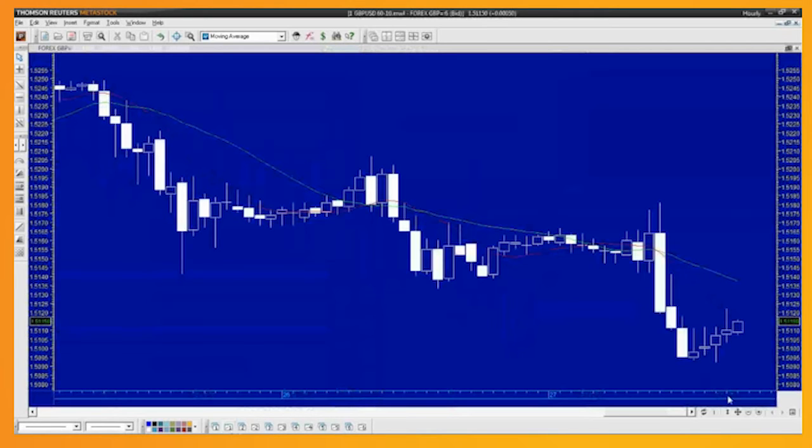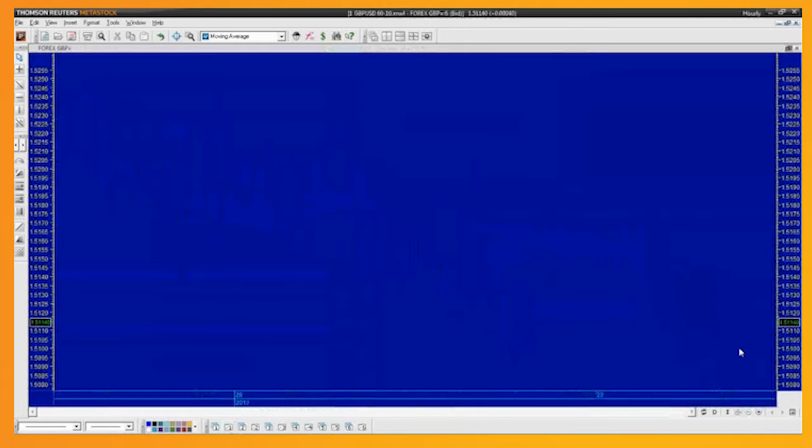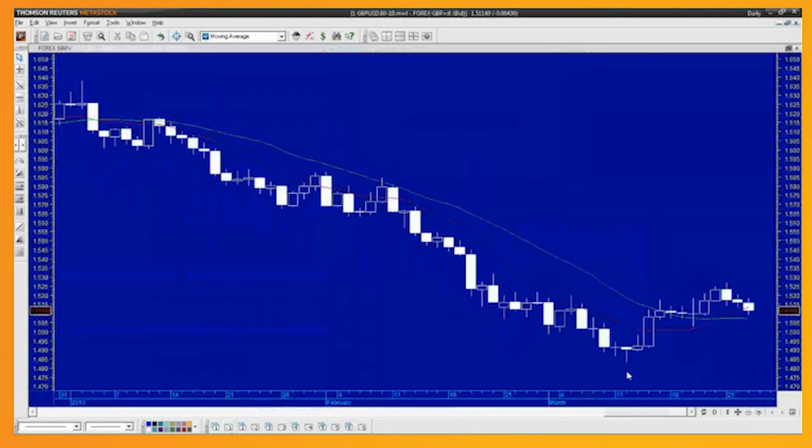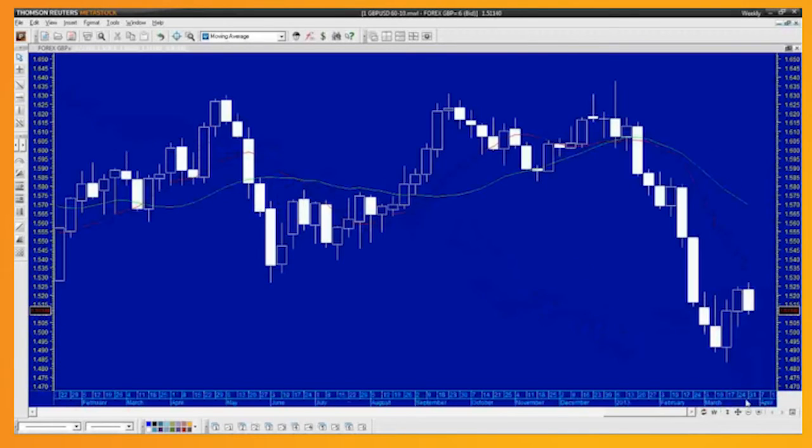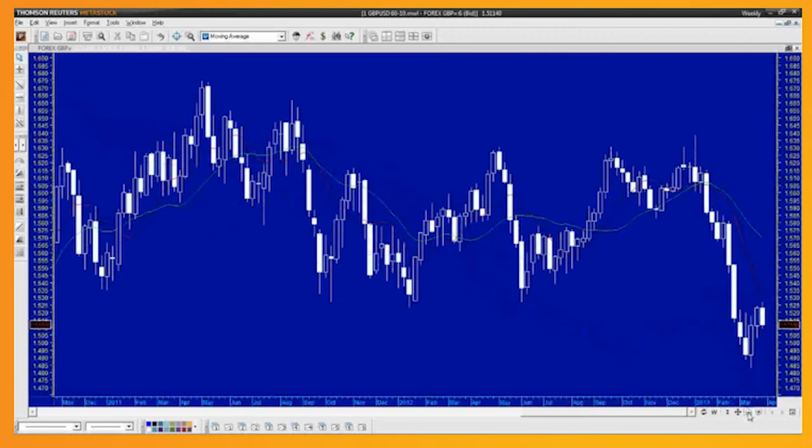Okay, so here is the hourly time frame. Let's go to the daily, and this is the sterling. When we go to the weekly, as you can see, if you look at the whole picture, it is a little bit confusing.